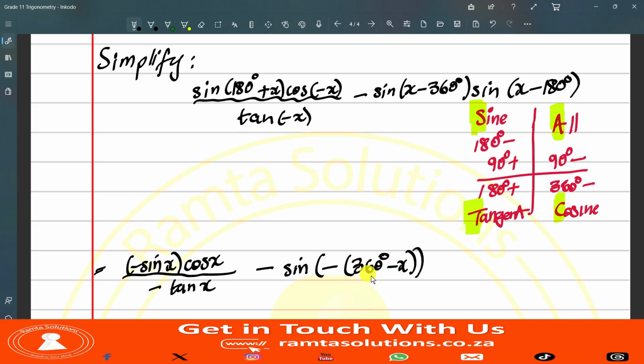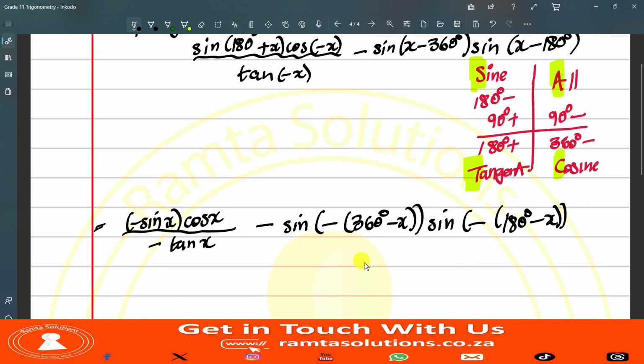In the same way, sine, open bracket, negative 180 degrees divided by negative 1 will be positive 180 degrees, and positive x divided by negative 1 will be negative x. Close, close. This is what you know.